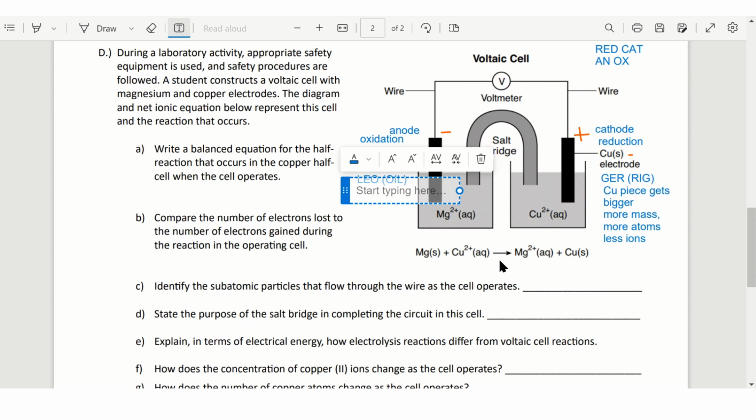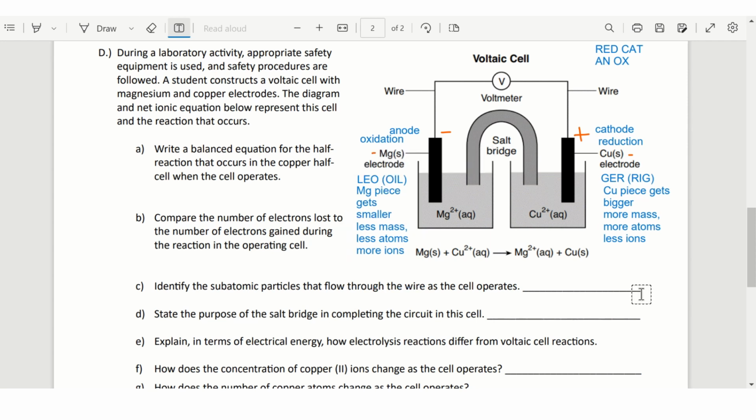And magnesium is losing electrons. So the Mg piece gets smaller. It's losing, okay? Which means less mass, less atoms, more ions. Okay, that is most of what I should be thinking about.